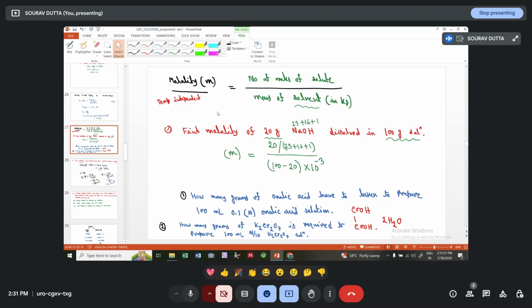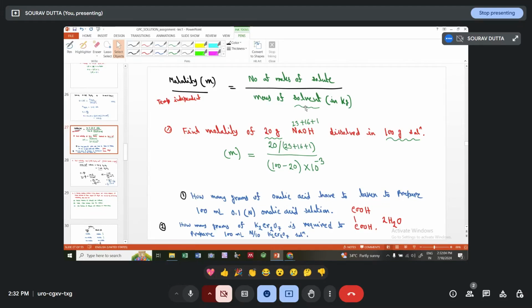The last term is molality. Molality is different from normality and molarity. In both those cases the volume of the solution is taken, but here the mass of the solvent is taken. The definition is: 1 kg of solvent containing how many moles of solute. Molarity is represented by capital M, but molality is represented by small m.